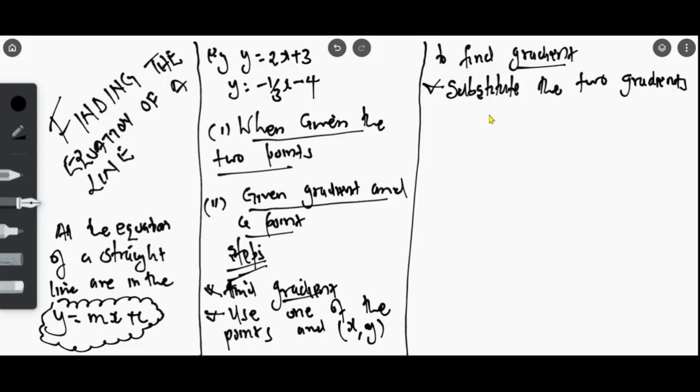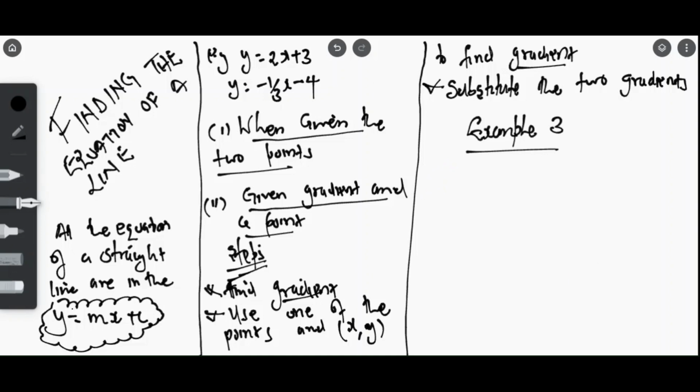Now let us have one scenario here. Let me write this one as example 3. For this example, I want us to have a scenario whereby you are given 2 points.